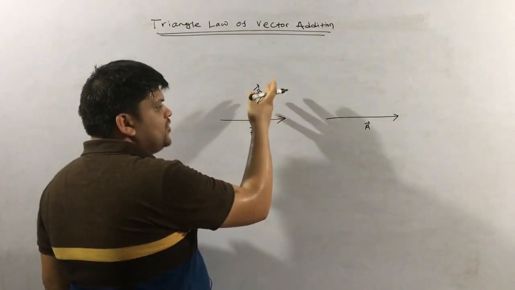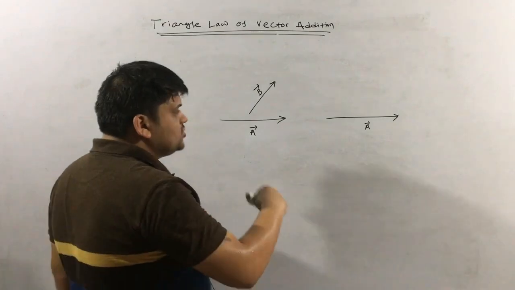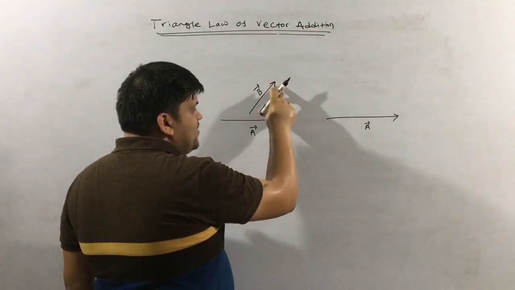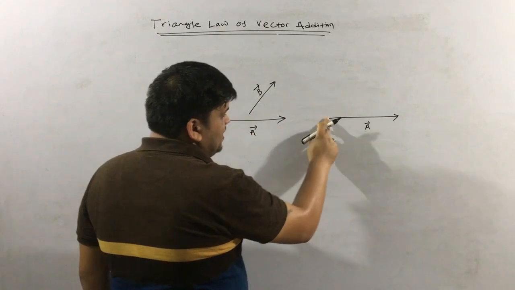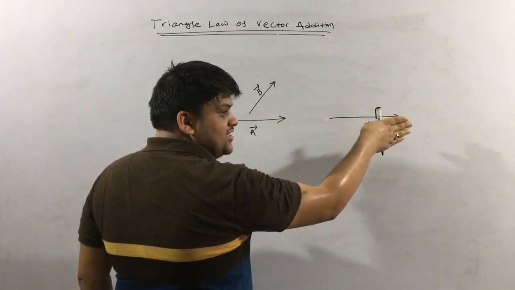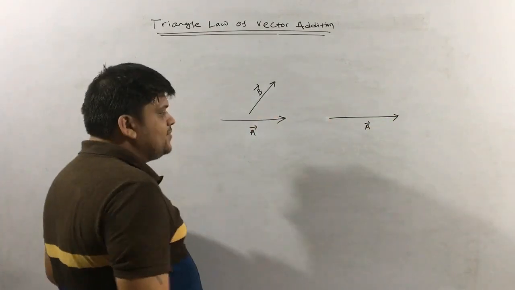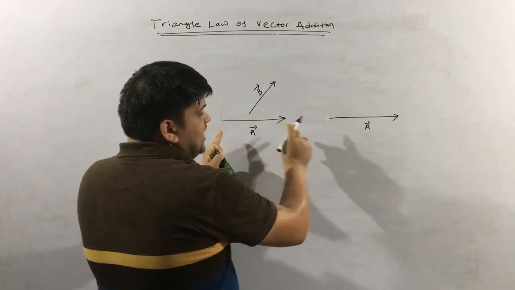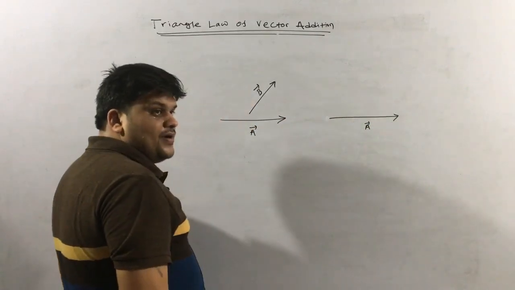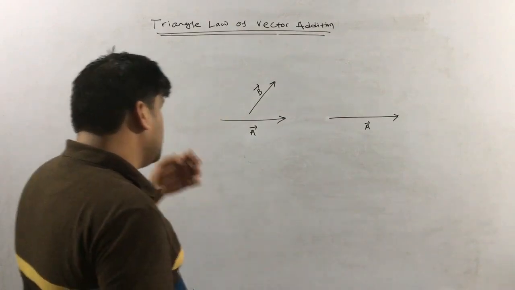It may be given anywhere, here, here, or here, anywhere. But while you are drawing, draw the B vector. See, this is A vector and this is also A vector, because you can see they both have the same direction and also the same magnitude. While drawing in exam, you don't have to use a scale and take their magnitude, you can simply assume or approximate the distance.